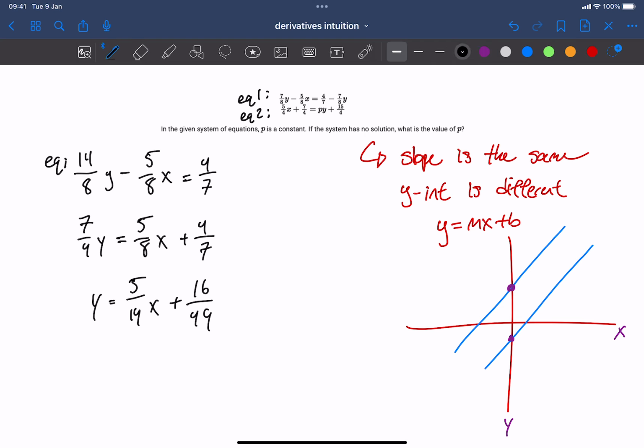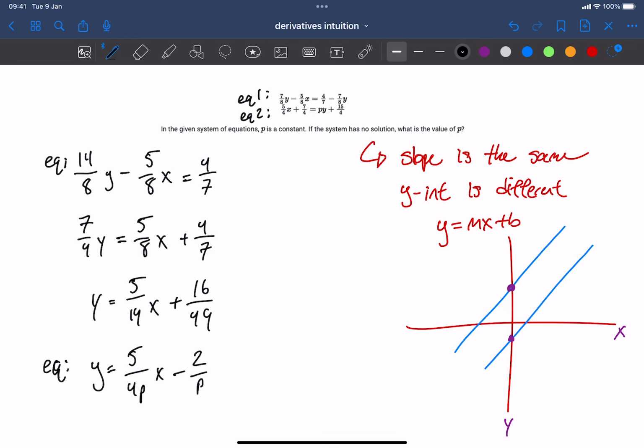So we made the first equation follow the y equals mx plus b formula. The second equation, you do the same thing. Again, I don't want to go over the algebra. You can test it out yourself, but you should get something like y equals 5 over 4p x minus 2 over p.